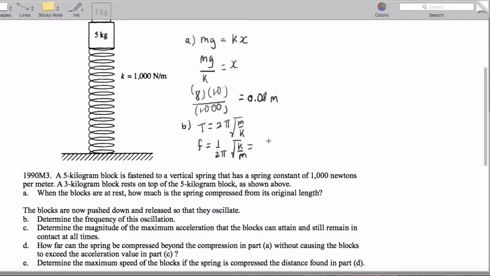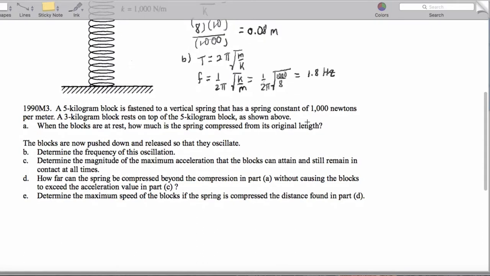We will get 1 over 2 pi square root of, and for k, we'll put in 1,000, and for m, we'll put 8. And so when we put that in our calculator, we're going to end up getting about 1.8 hertz.